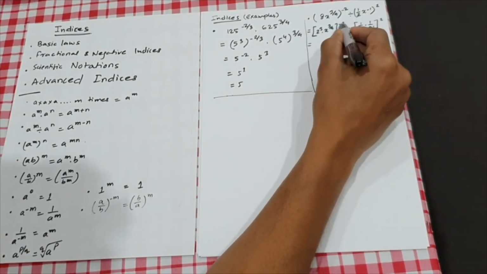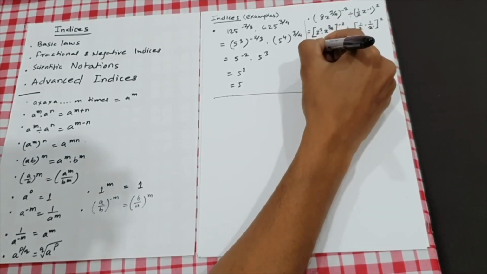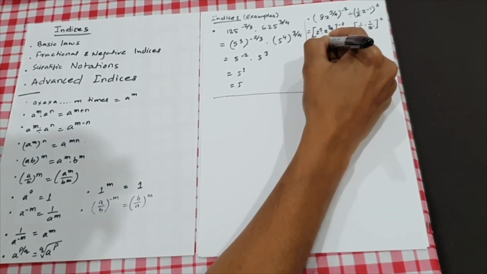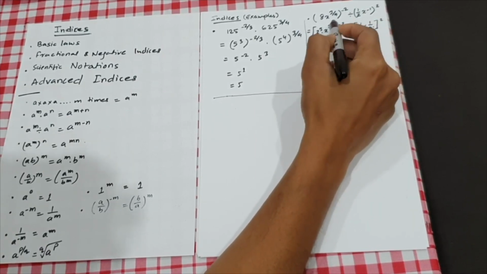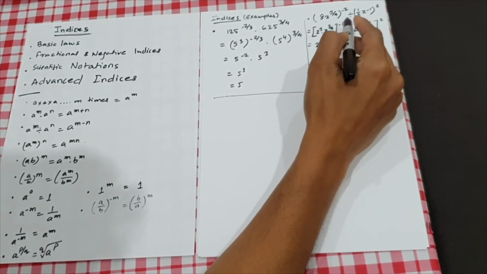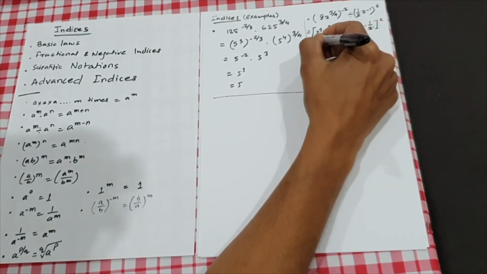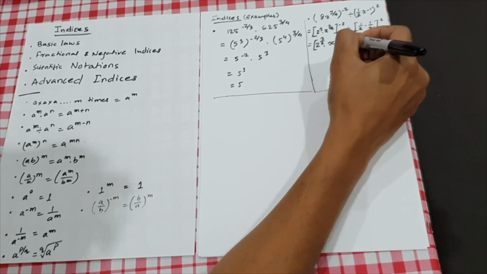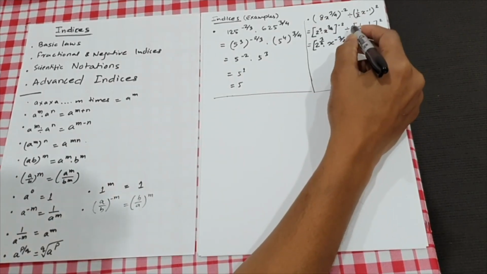Now I can use this power and multiply it with each of these. So 2 to the power 3 by 2. Then x to the power, see this is 3 by 4 and minus 2. Multiply them, gets you minus 3 by 2. Now see, this is divide.